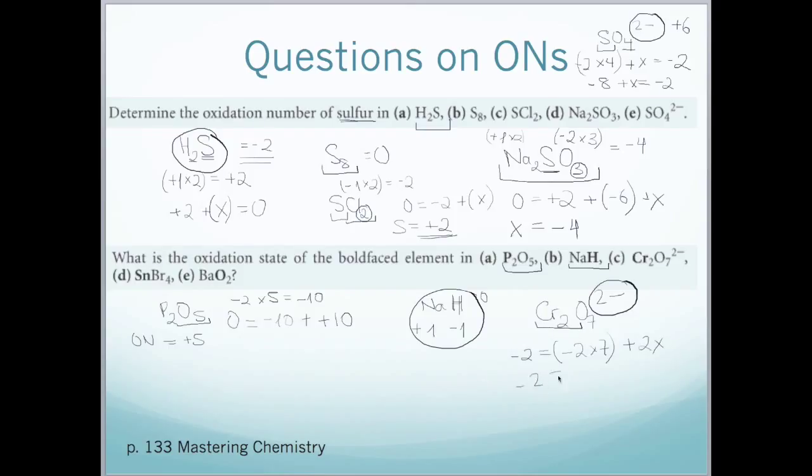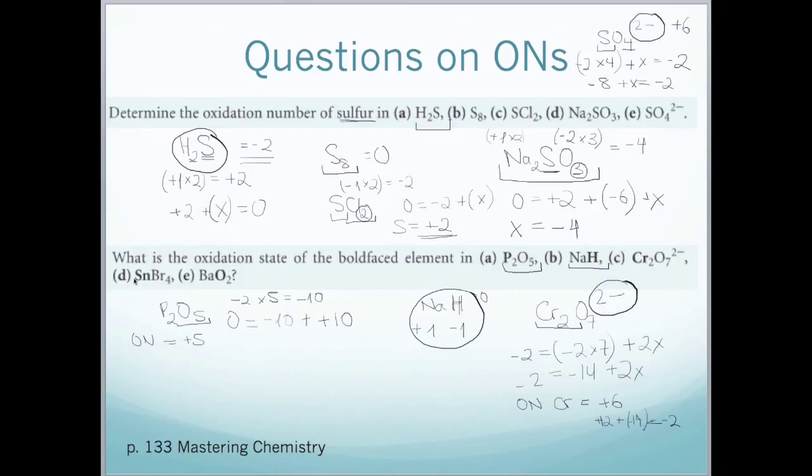So -2 times 7 gives us -14 plus 2x, which means that the oxidation number of chromium will be +6. So if we multiply +6 times 2, we get +12, plus -14 gives us -2, which is the overall charge of the molecule.